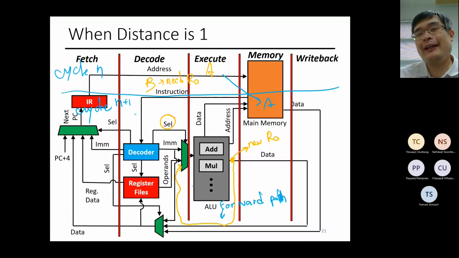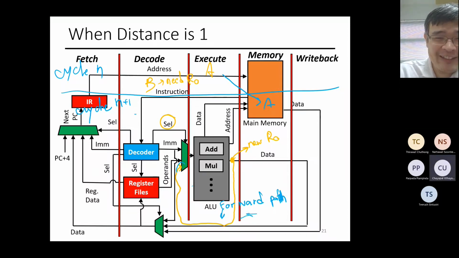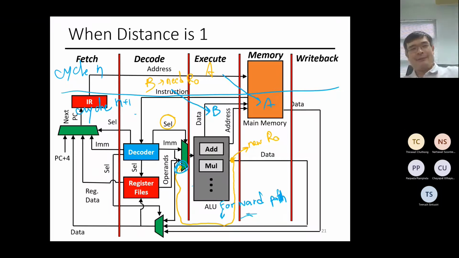Does it have a correct R0 as a possible input somewhere? The answer is yes, it's right here. So I can move B to here. I don't have to stall anymore. B can move on. So that's when the dependency happens back to back and the distance is 1.